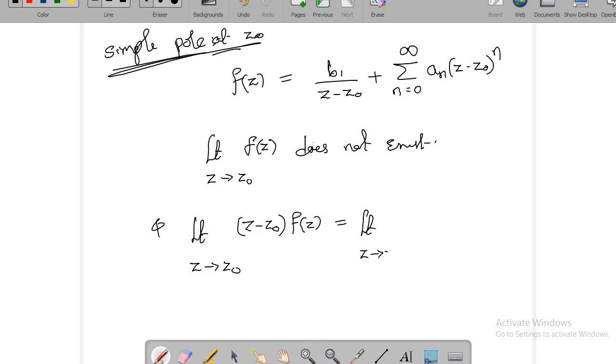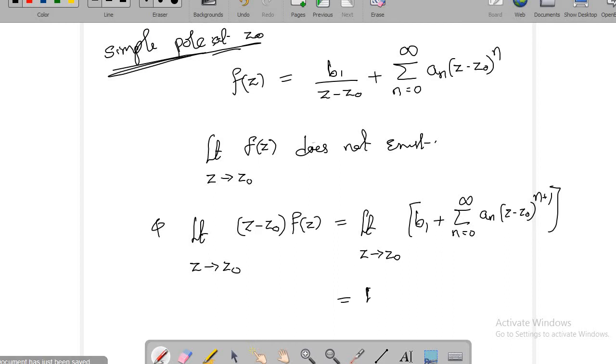That is limit z goes to z naught, b1 plus summation n equal to 0 to infinity a n into z minus z naught whole power n plus 1. And you could see what its limit is. So this is nothing but b1 plus 0. This is b1.